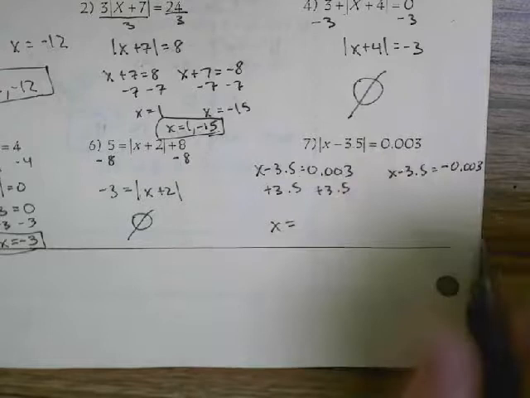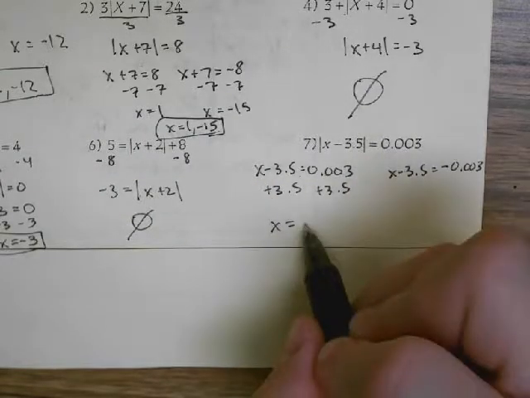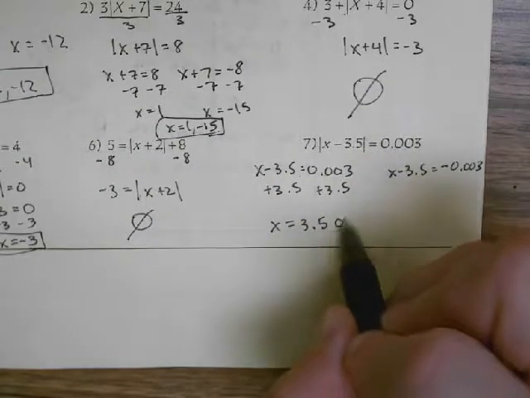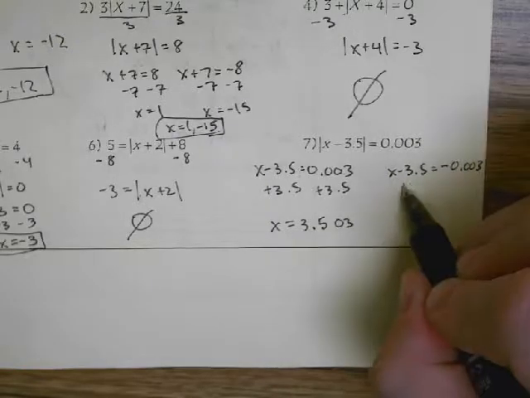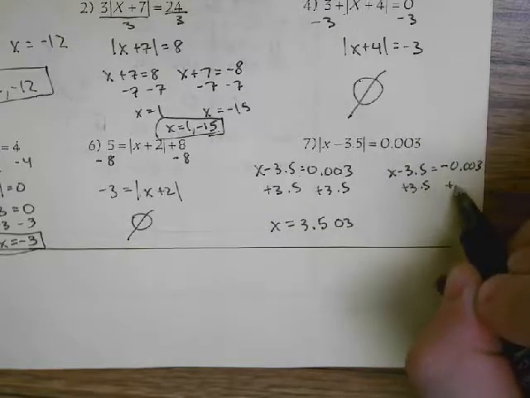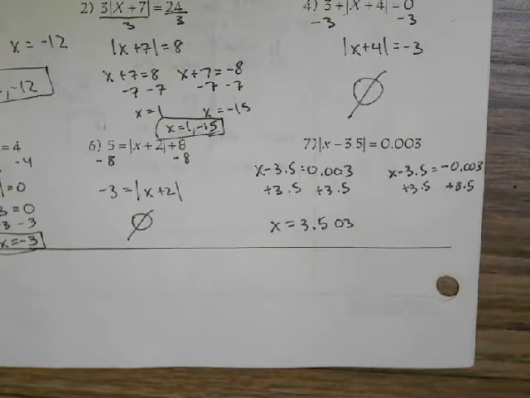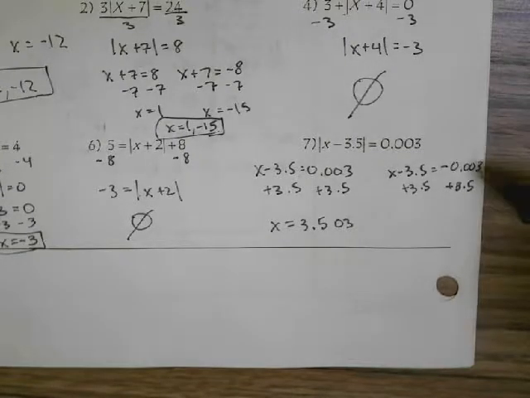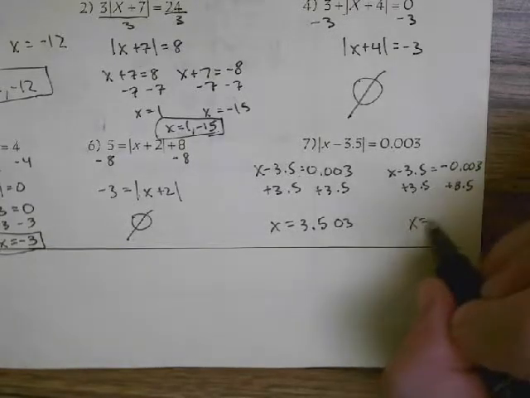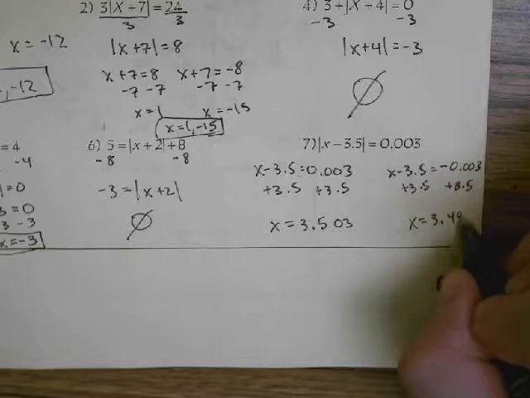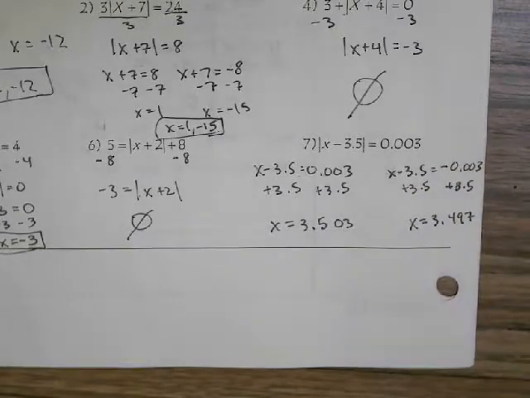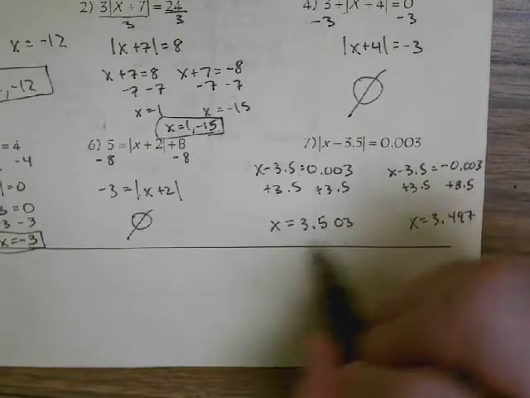On our left-hand equation, we have x is equal to 3.503. Then we'll go to the right-hand equation, adding 3.5. We're really subtracting these two numbers, so I'll get 3.497. x equals 3.497. And then that is our solution.